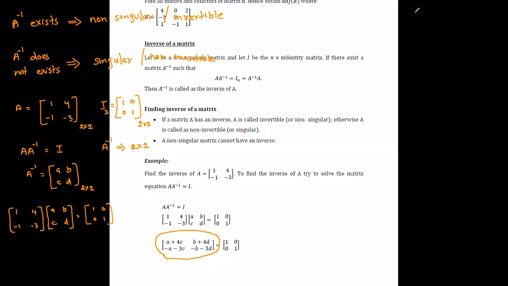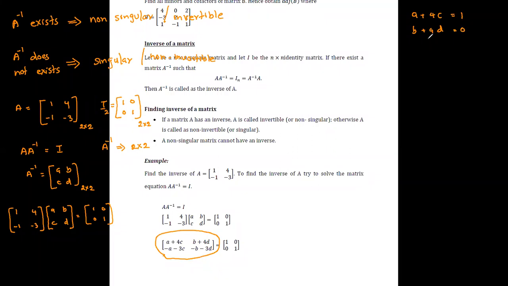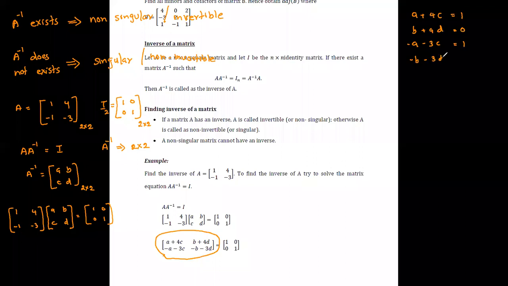Then we get a plus 4c equals 1, b plus 4d equals 0, minus a minus 3c equals 0, and minus b minus 3d equals 1.